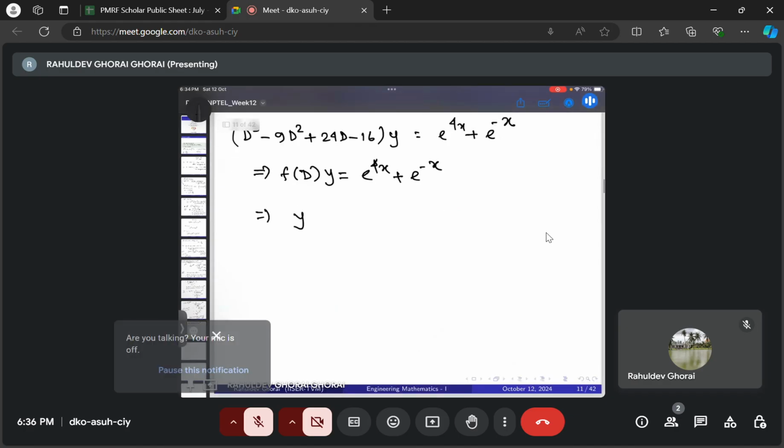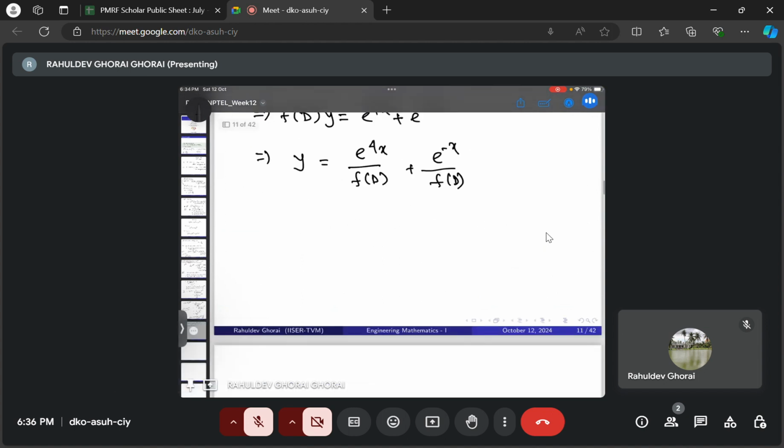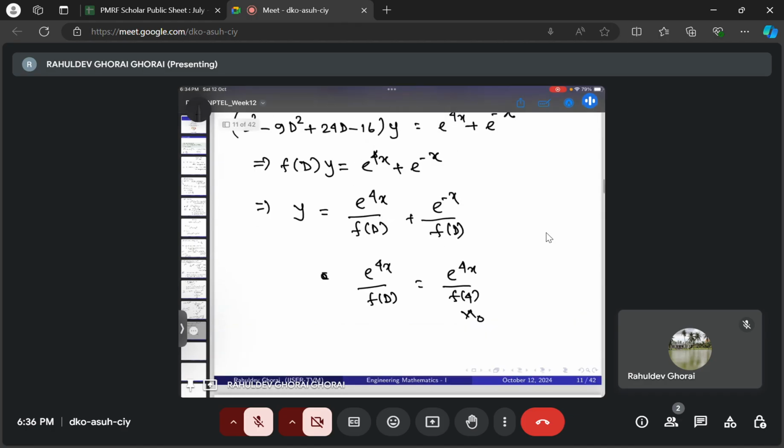That implies the particular integral which you need to find is e to the power 4x over f(D) plus e to the power minus x over f(D). So let's do it one by one. e to the power 4x over f(D) you can evaluate as e to the 4x over f(4), if f(4) is not equal to 0. But let's check what f(4) is.